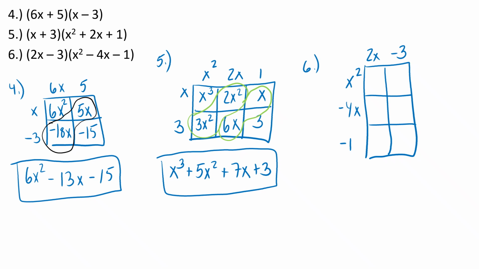X squared times 2x is 2x to the third. X squared times negative 3 is negative 3x squared. Negative 4x times 2x is negative 8x squared. Negative 4x times negative 3, that'll be a positive 12x. 2x times negative 1 is negative 2x, and negative 1 times negative 3 is positive 3.